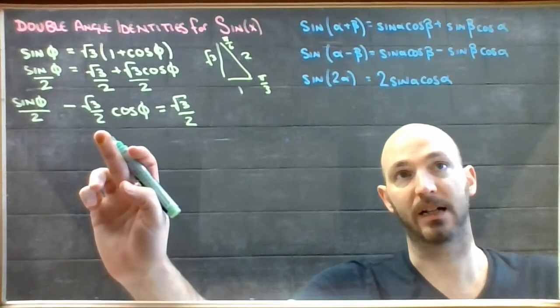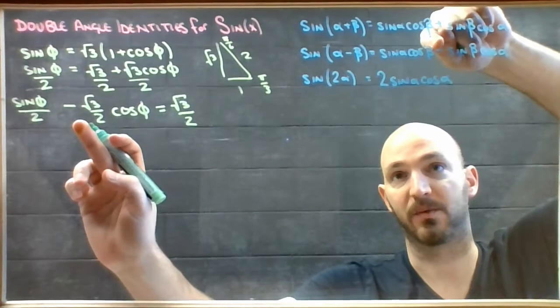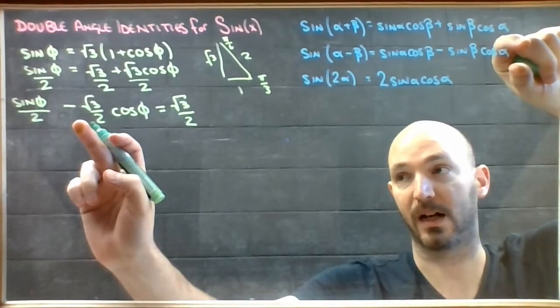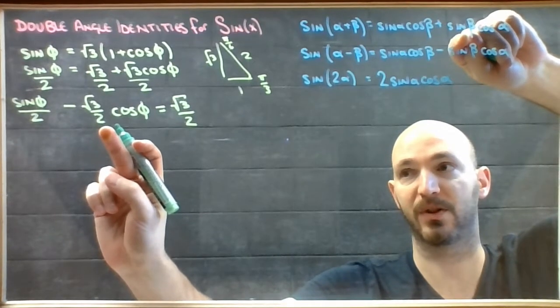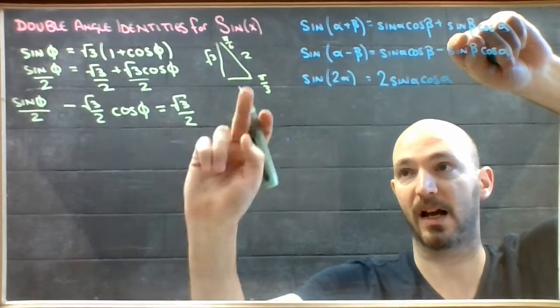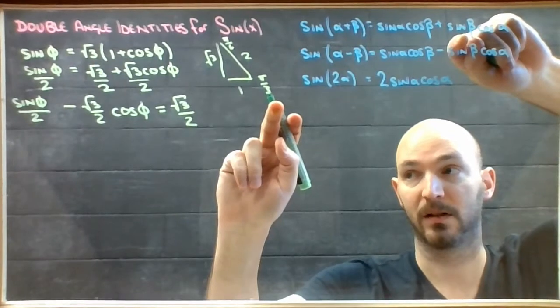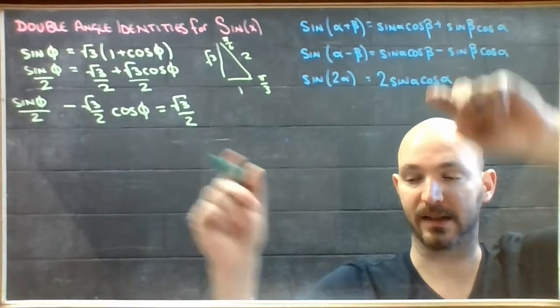Well, I've got a subtraction here, so I'm working with this center line. I have a sine of something. Root 3 over 2 is the sine of pi over 3, so I could replace that as sine of pi over 3.